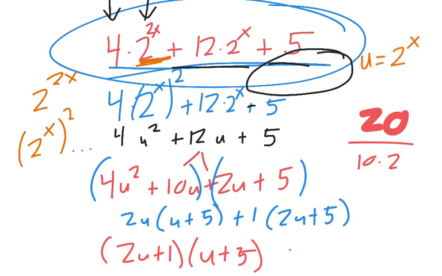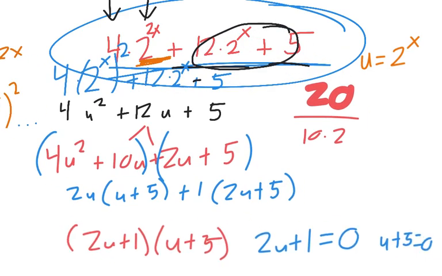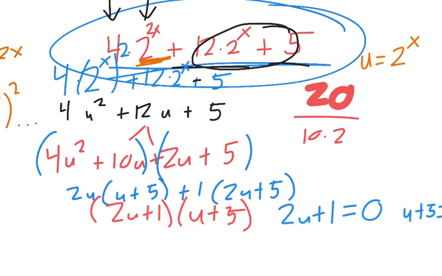Okay, and then if I solve, 2u plus 1 equals 0, and u plus 5 equals 0. So that means that 2u equals negative 1, which means u equals negative 1/2, and this says u equals negative 5.